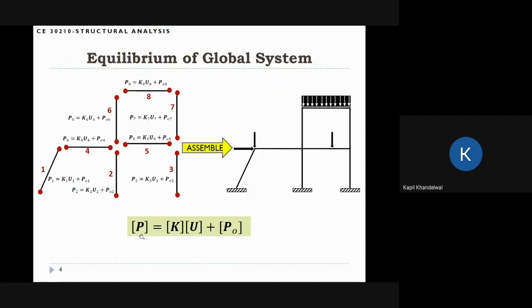Finally, we end up with a global system that has the same form as that for an individual element. So we can write the global equilibrium conditions as P = Ku + Po. Again, here K is the global stiffness matrix, u is the displacement vector, P is the global load vector, and Po is the load vector due to other effects that might include fabrication or temperature error.